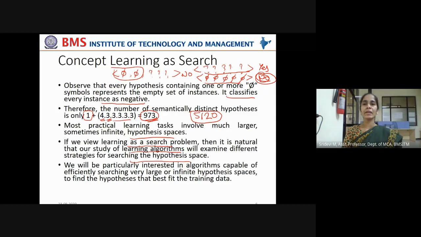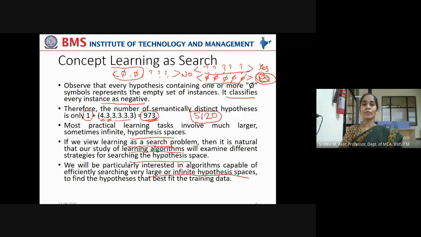Let us see by taking help of some algorithms. Now, we'll be particularly interested in algorithms capable of efficiently searching very large and infinite hypothesis spaces, because this is a real life scenario. Though I am giving you some simple examples during the class, in real life, machines will try to learn from infinite hypothesis space.